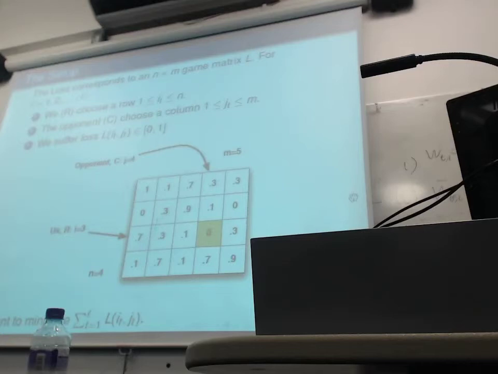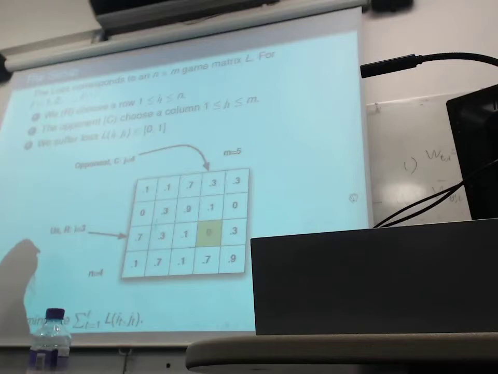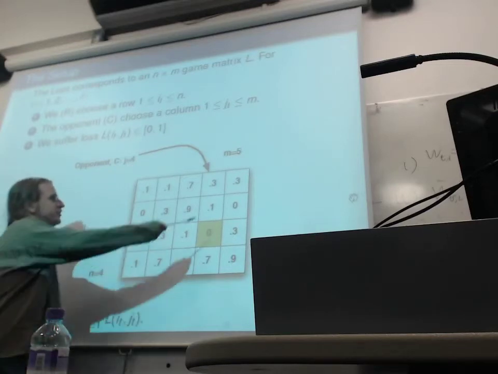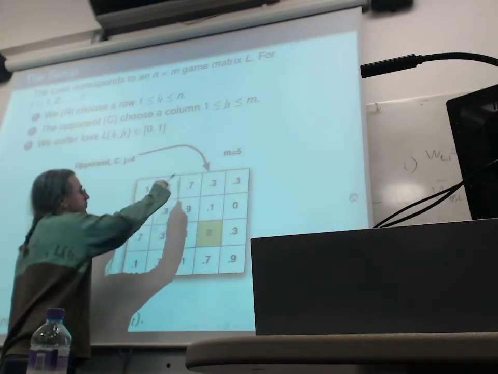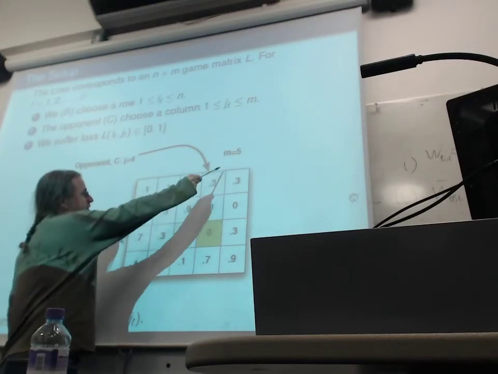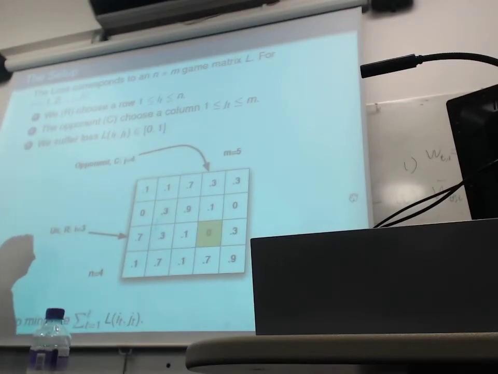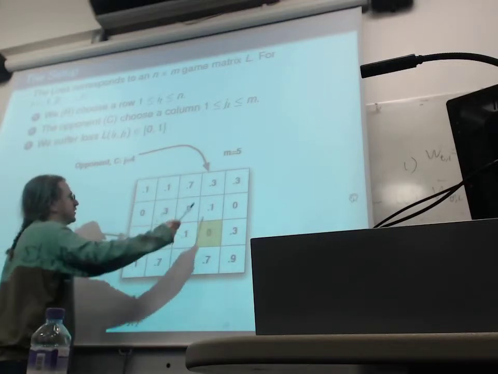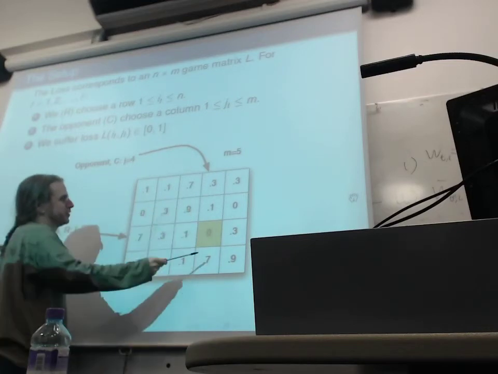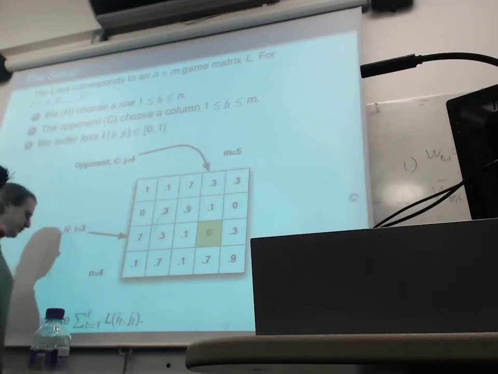So the experts correspond to a row, like you're playing a game. You imagine that there's some, for instance, loss matrix, and nature, the environment, chooses a column, okay? And the loss that each of these individual experts receives corresponds to the column. So this expert would receive 0.3 loss, this would receive 0.1 loss, this would receive 0 loss, this would receive 0.7 loss.